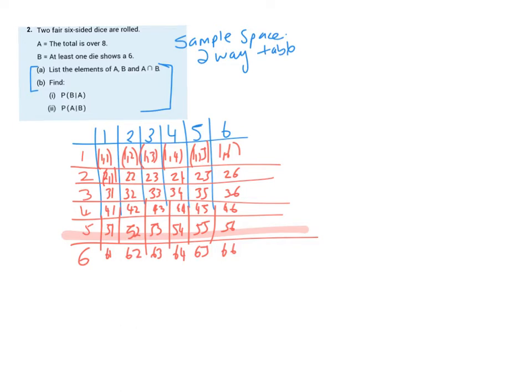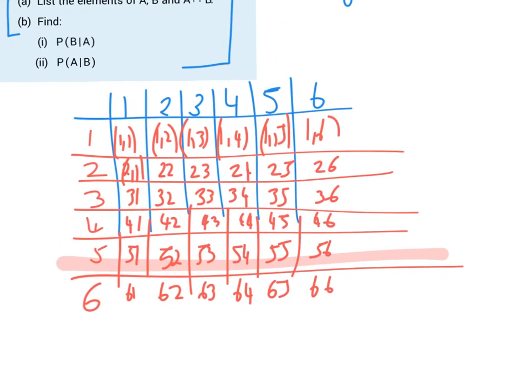Okay, so as you can see here, I've done a quick sample space or two-way table. 2 fair 6-sided dice are rolled. The first event is that the total is over 8. So let's see how many of these have a total over 8.